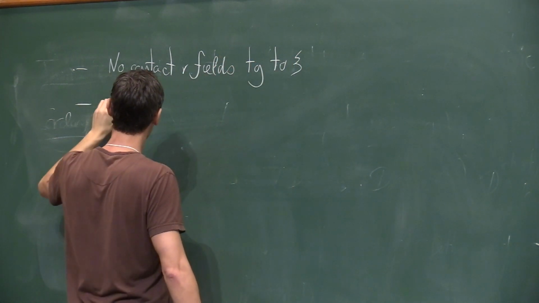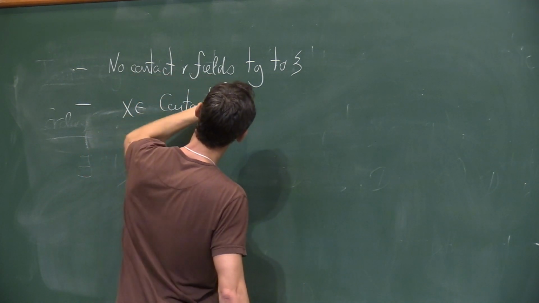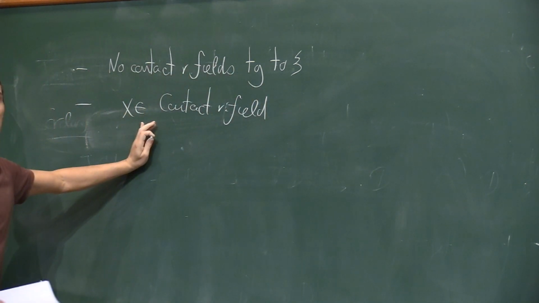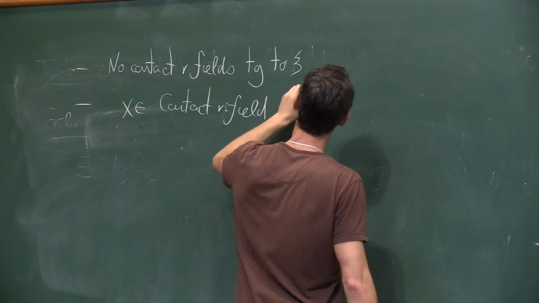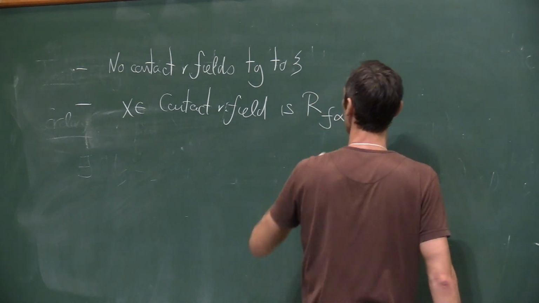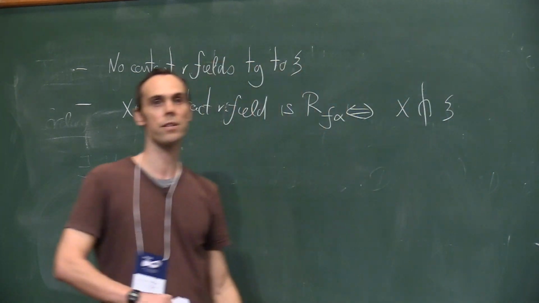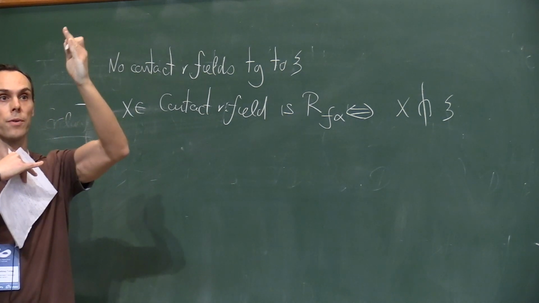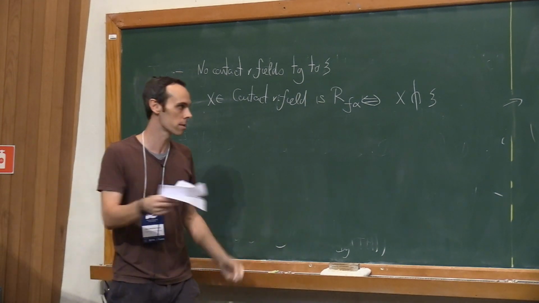Given a contact vector field, you can ask when this contact vector field is the Reeb vector field for some contact one form, and that is the case if and only if it is everywhere transverse to the distribution. So Reeb vector fields are the contact vector fields which are everywhere transverse to the contact distribution. On the contrary, those everywhere tangent to the contact distribution can never be contact vector fields.